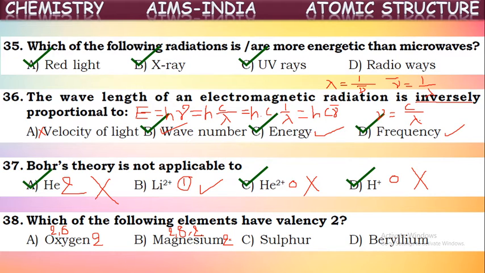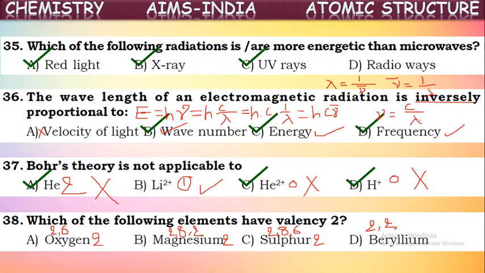As it lost 2 electrons, its valency is 2. What about sulfur? Atomic number of sulfur is 16. So its configuration is 2, 8, 6. Now it has 6 electrons in its valence shell, just like oxygen. So to become stable, sulfur also will gain 2 more electrons and hence its valency is 2. What about beryllium? The atomic number of beryllium is 4, so its configuration is 2, 2.